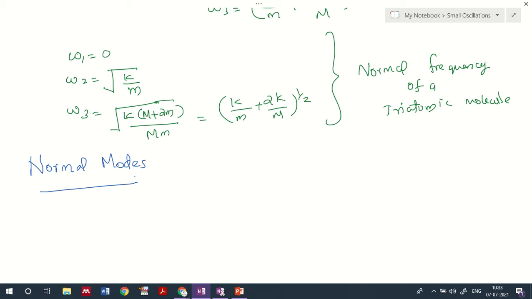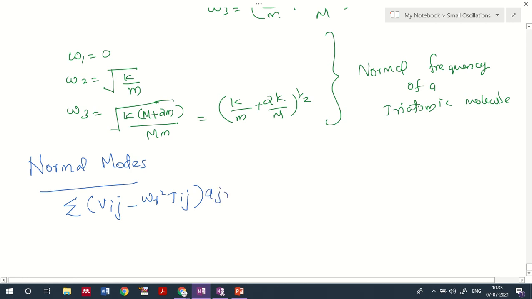So for that, again I'll take the secular equation, because we know the secular equation can be represented as: Vij minus omega square Tij Ajr, which is equal to 0. This normal frequency we also call the eigen frequency.